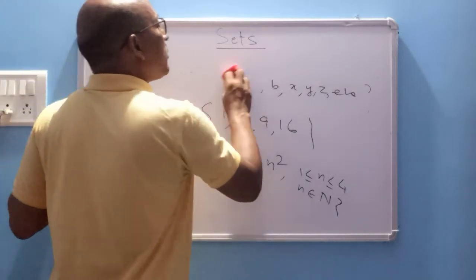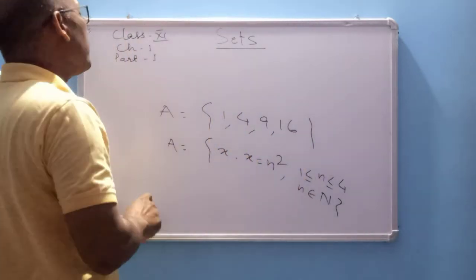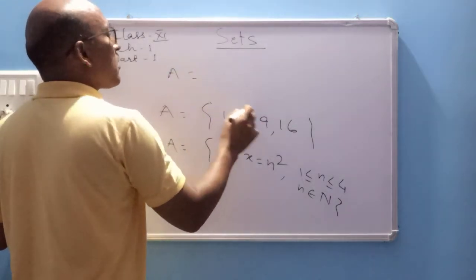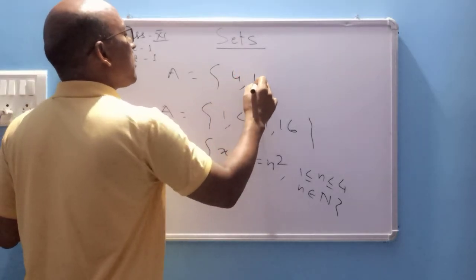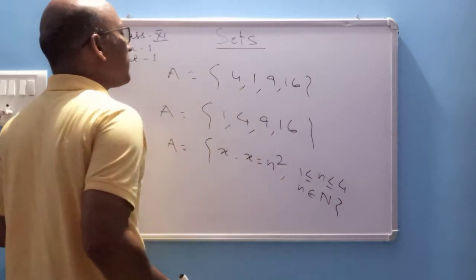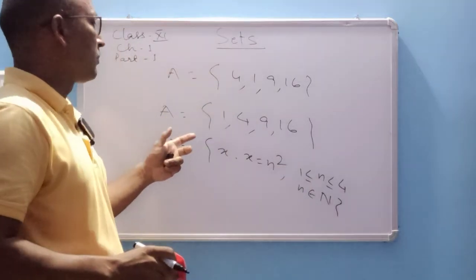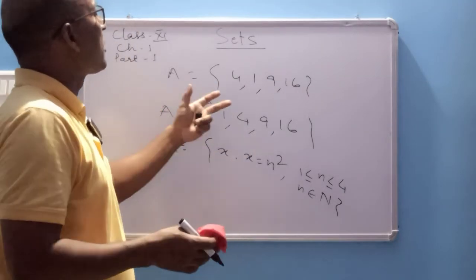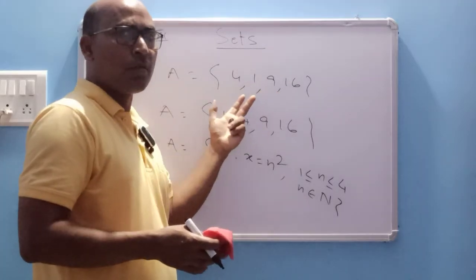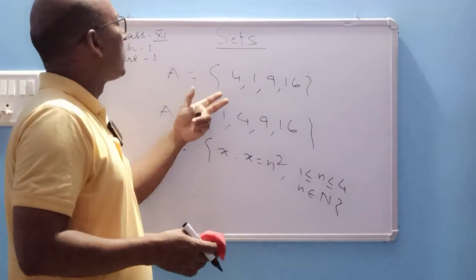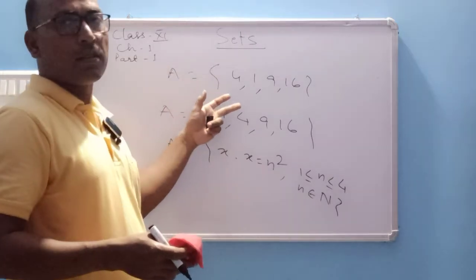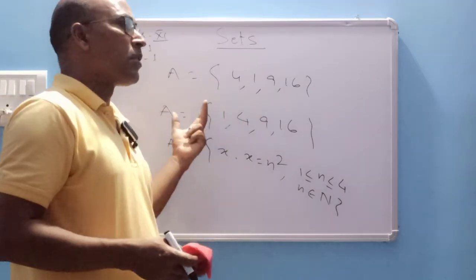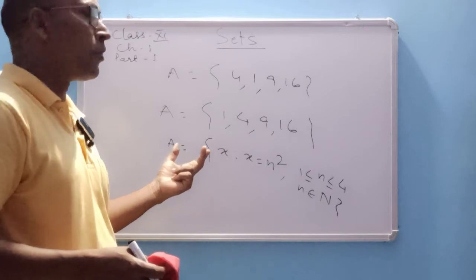There is one last point: you can write this set as 1, 4, 9, 16, or you can write it in another order. This is immaterial, because in a collection the only thing is that the elements are separated from each other by commas. Order is not important, so both the sets are the same.